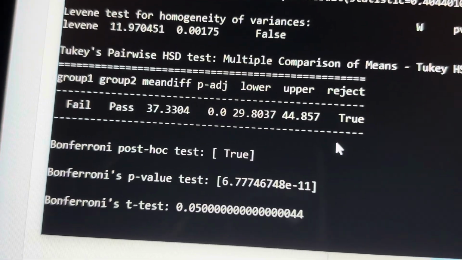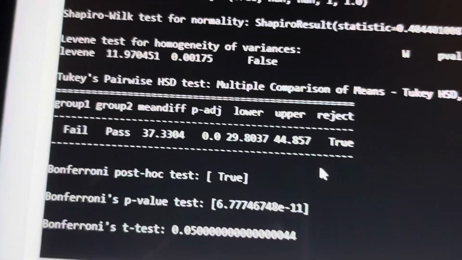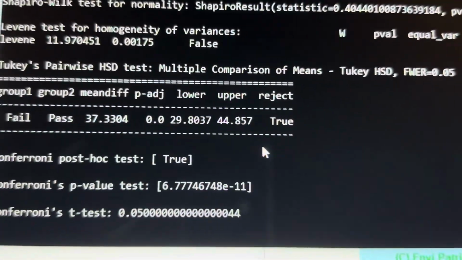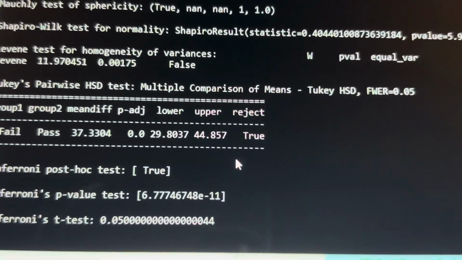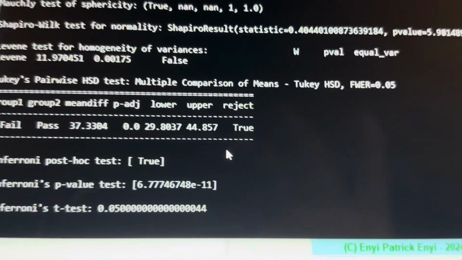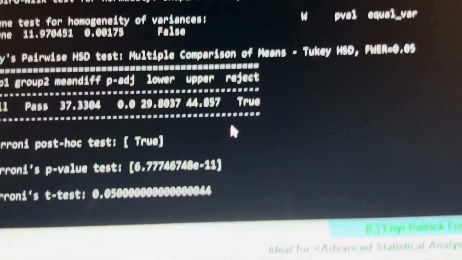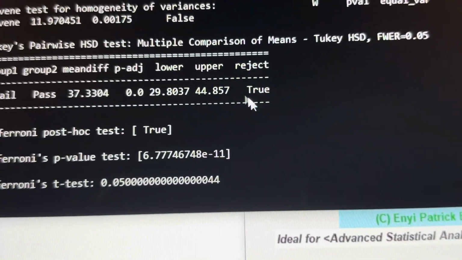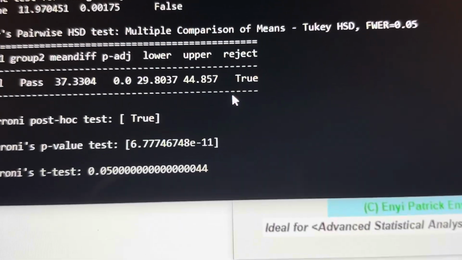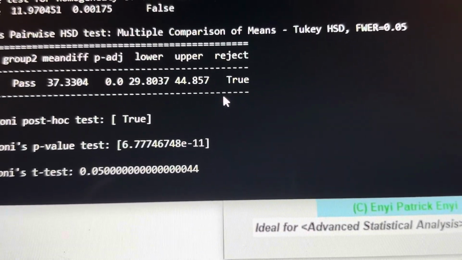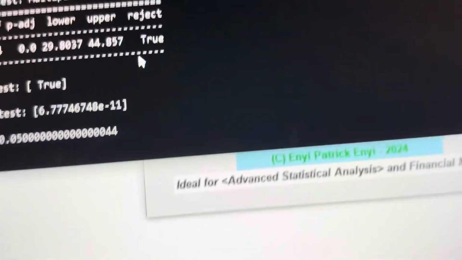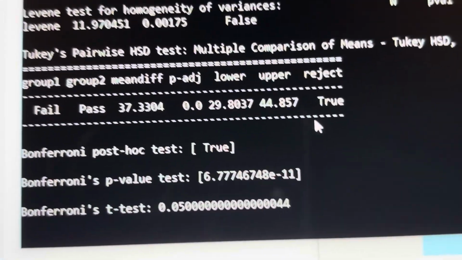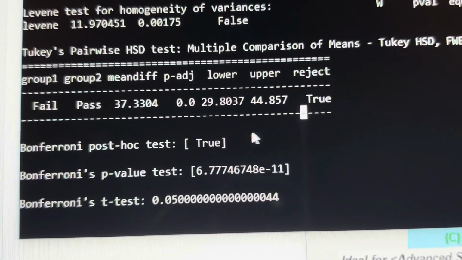The null hypothesis normally says that the means are equal, but here it's now telling us that we should reject it, that the means are not equal. And that's what we are seeing here.